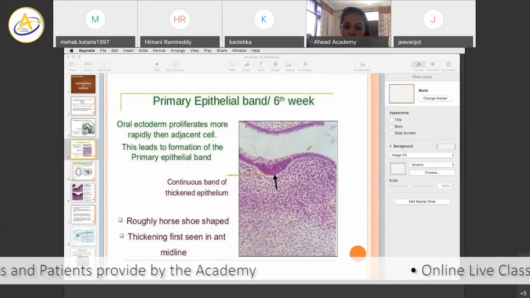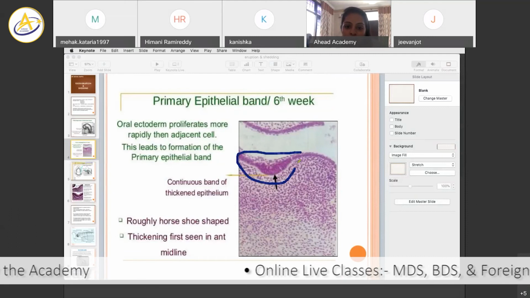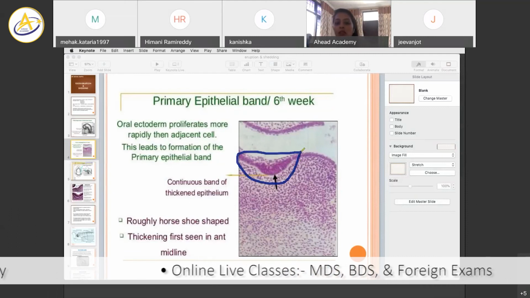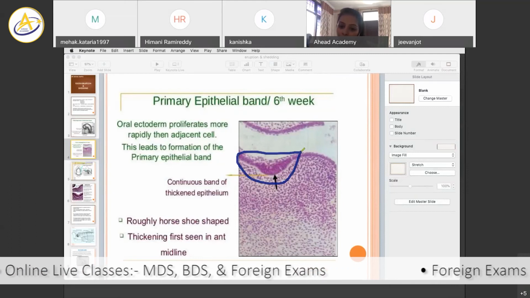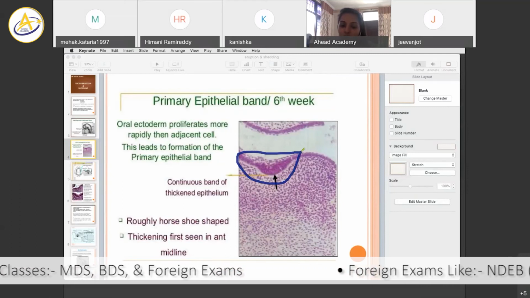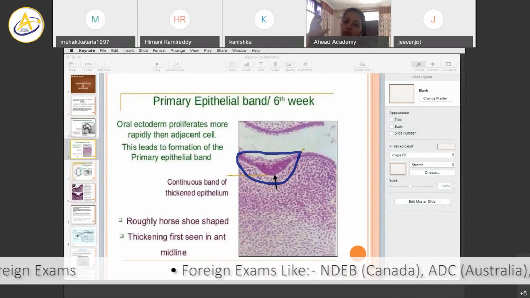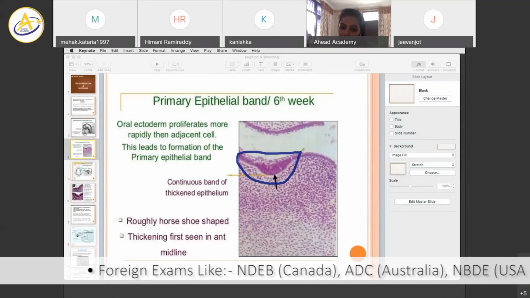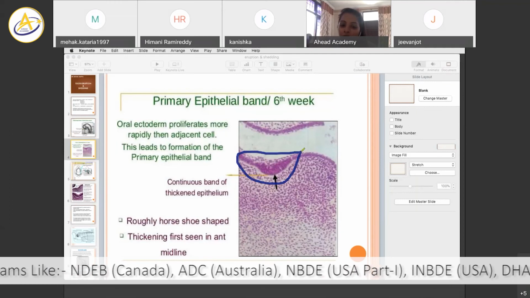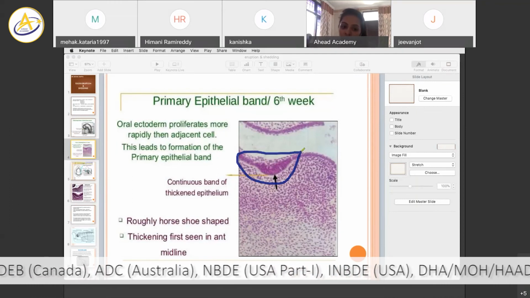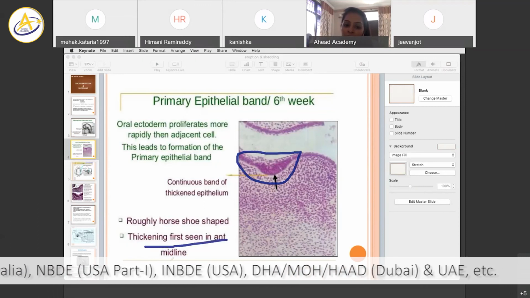The oral ectoderm proliferates more rapidly than the adjacent cells, so that particular area becomes more thickened, and that leads to the formation of the primary epithelial band, the continuous band of thickened epithelium. This is roughly horseshoe shaped, and this thickening is first seen in the anterior midline.